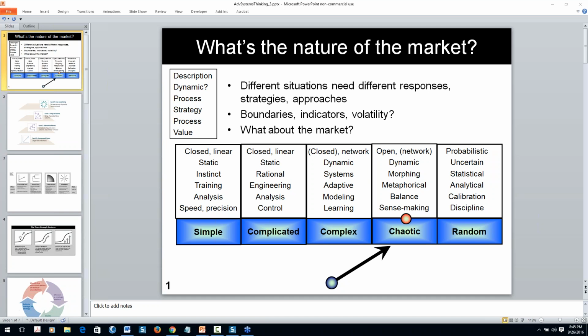We don't want to overcommit. We want to make sure that we always have an out, and so typically that sense of balance is going to be involved with hedging, measured risks, insurance, and protection, more so than maybe grabbing for home runs and big wins.